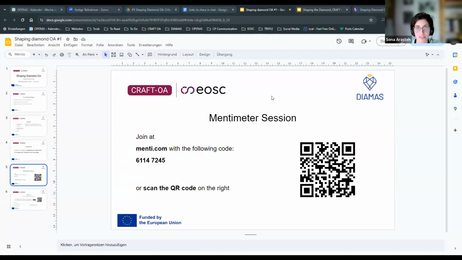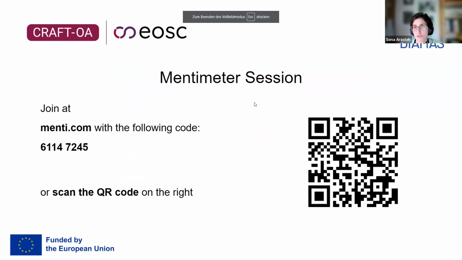what is supposed to be the next part of this is the already briefly described Mentimeter session. For that, I will briefly explain how we do that.